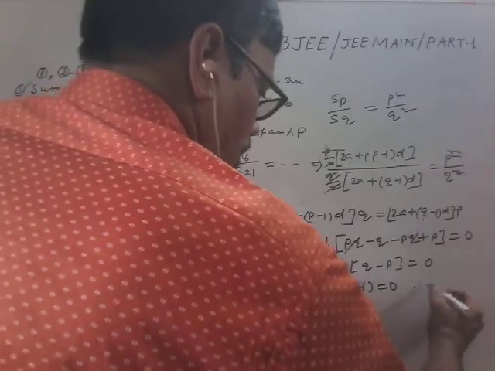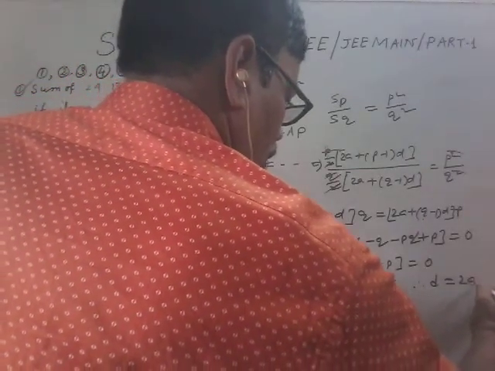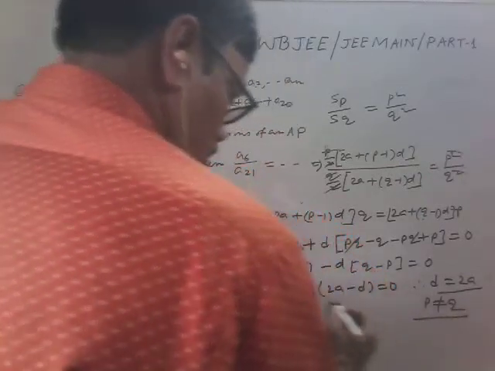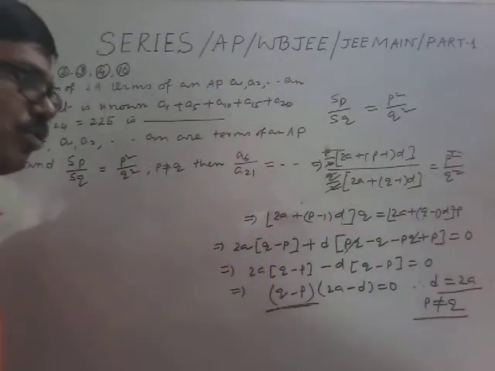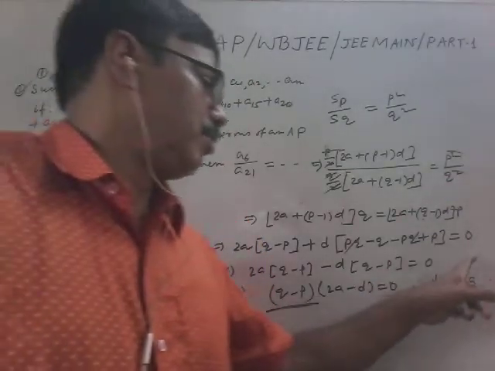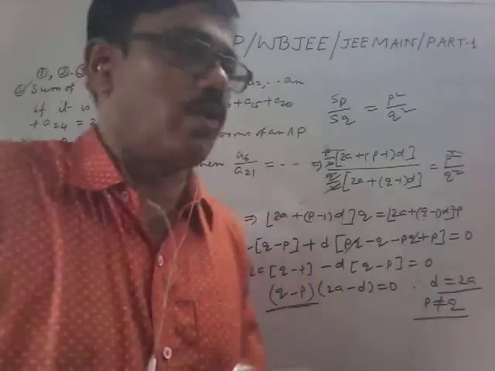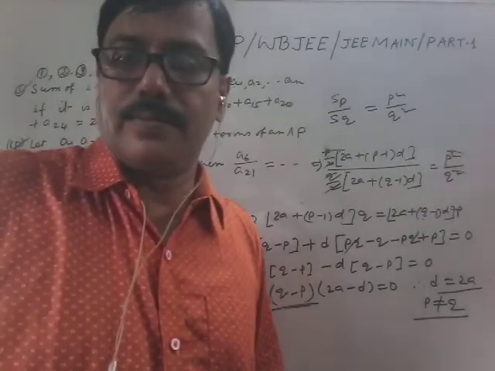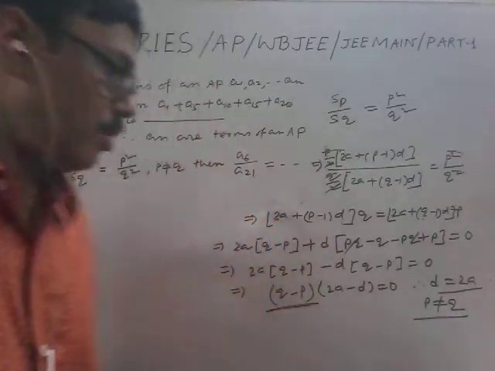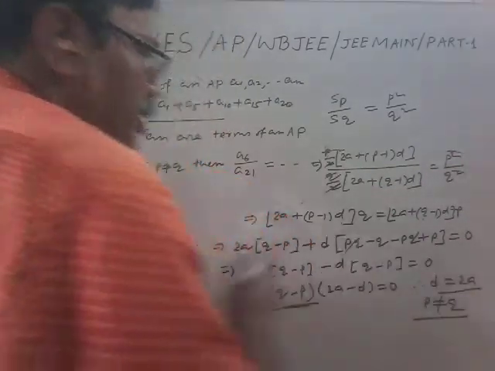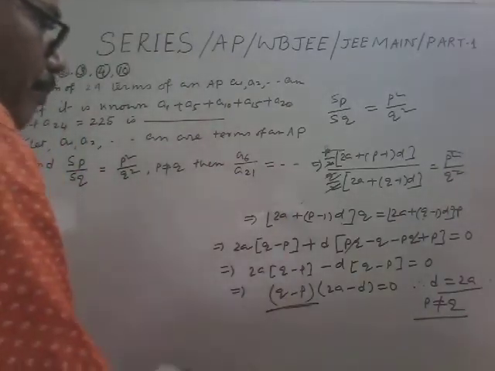So therefore D equals 2a, since P not equals Q. So we are getting a relation between the first term and common difference.